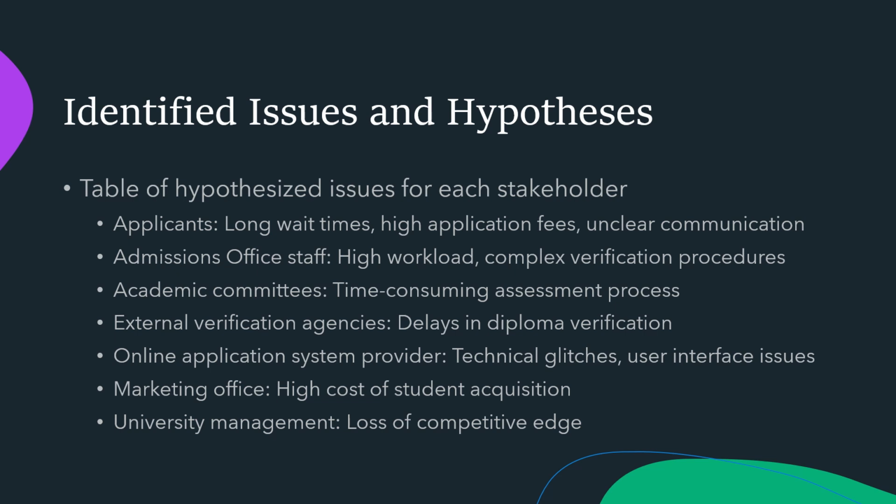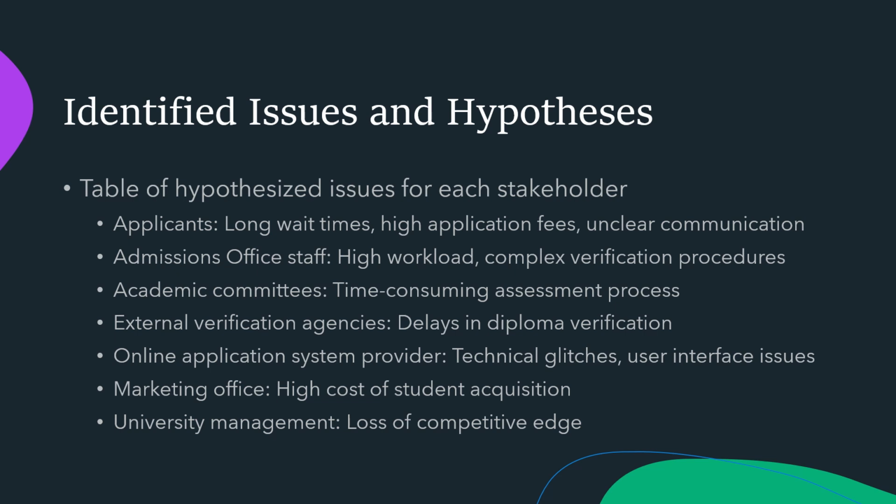The applicants face long wait times for decisions, high application fees, and often receive unclear or inefficient communication regarding their application status. Admissions office staff deal with a high workload due to manual processes and complex verification procedures, leading to delays. For academic committees, the assessment process for applications is time consuming, which can bottleneck decision making.